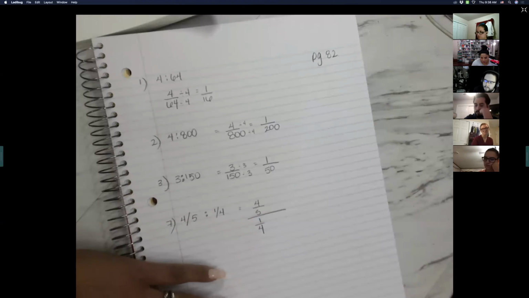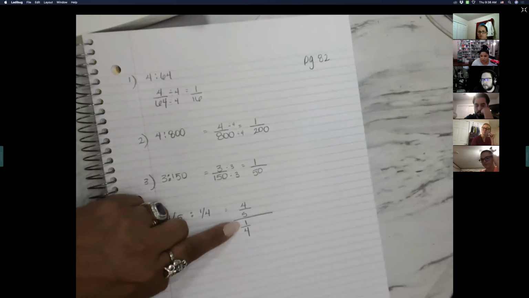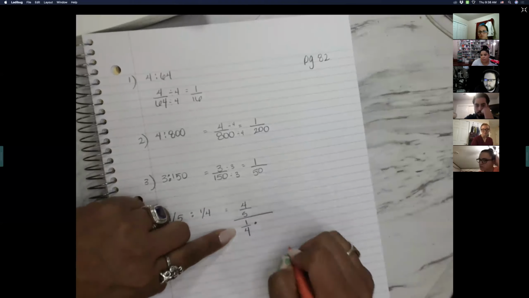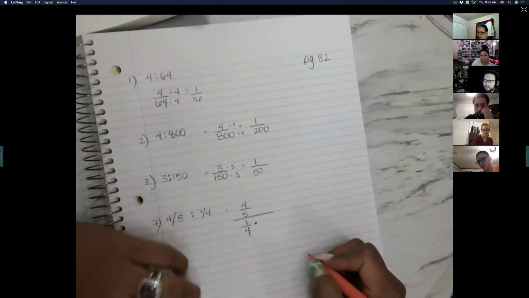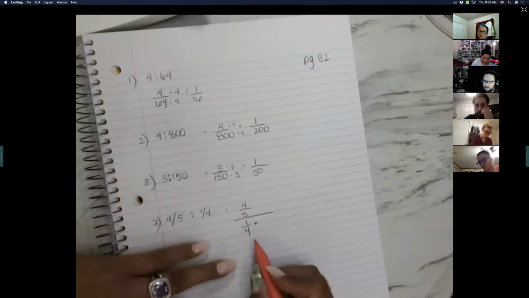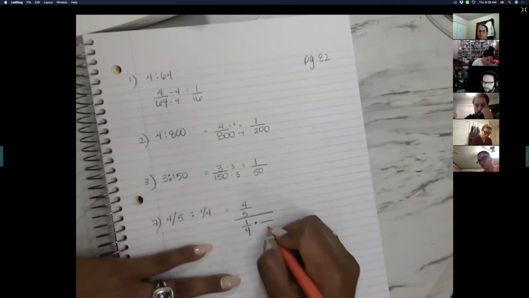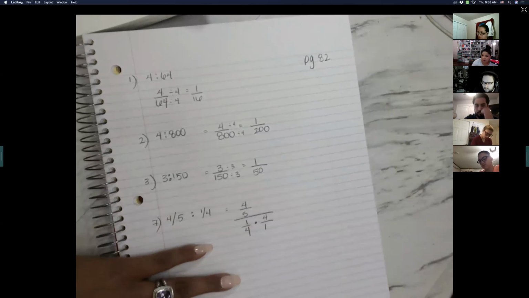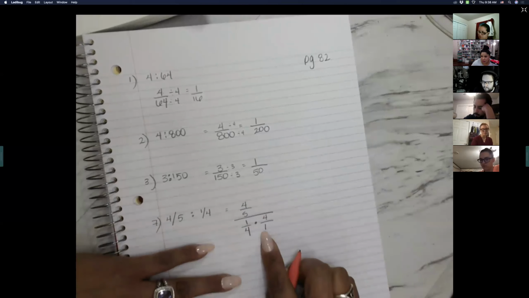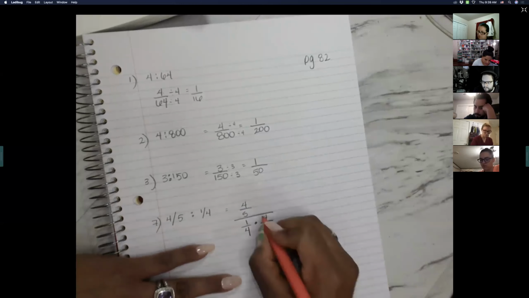The way we clean it up is we take the fraction in the denominator and we multiply it by the reciprocal. All that means is flip it around. So I have 1/4. So I'm going to multiply it by the reciprocal, which is just 4/1. And the same rule applies. If I do something in the denominator, I have to do it in the numerator.